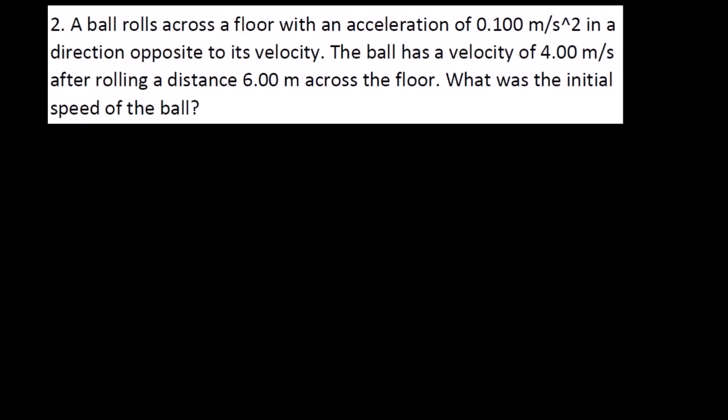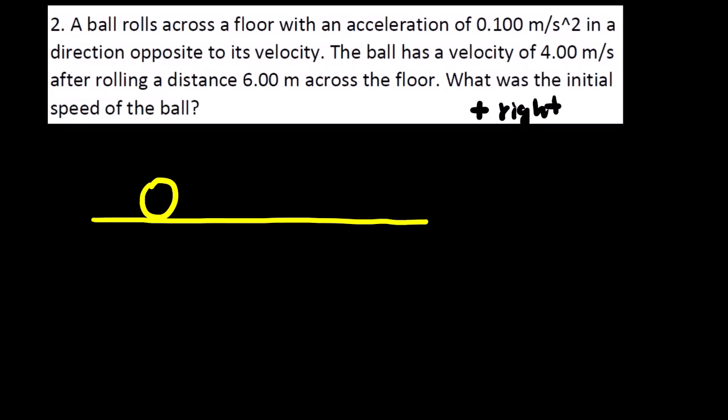So before we can continue with the scenario, let us look at the pictorial form of this scenario. So we have a ball which rolls. We can simply say we take positive as the right direction and negative as the left.